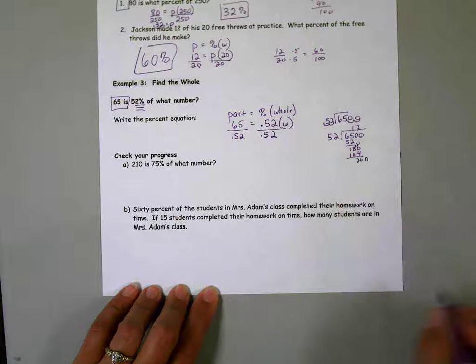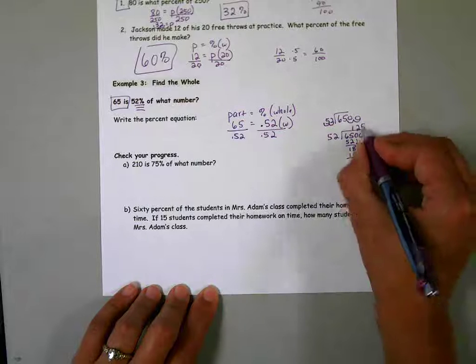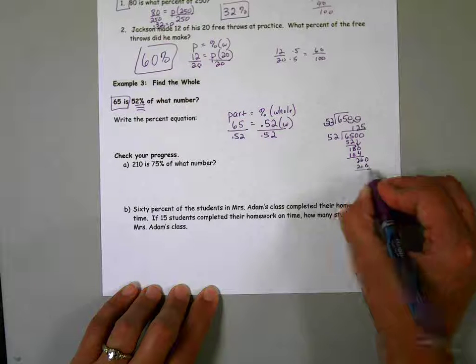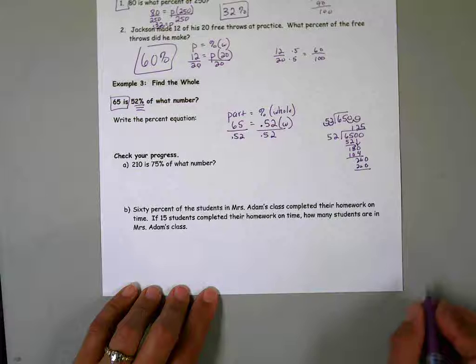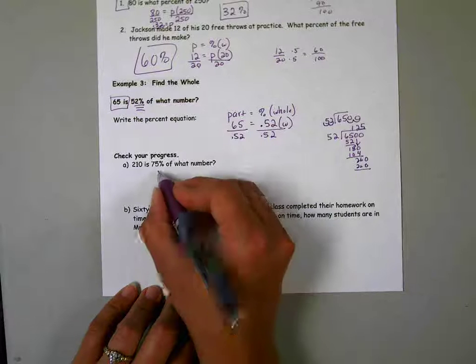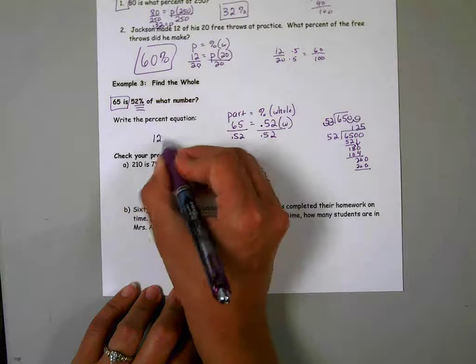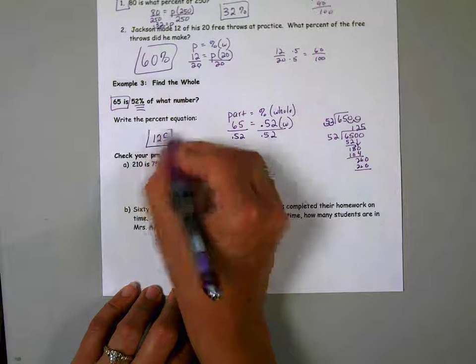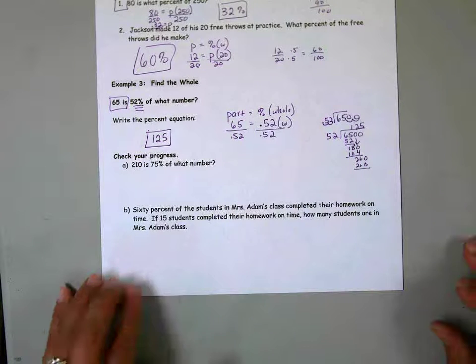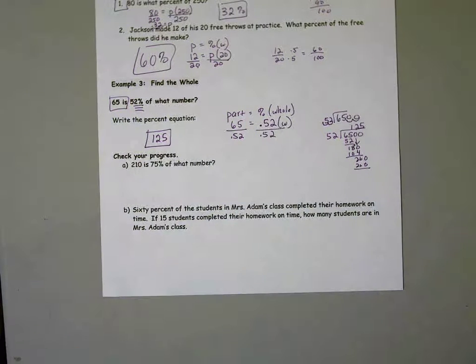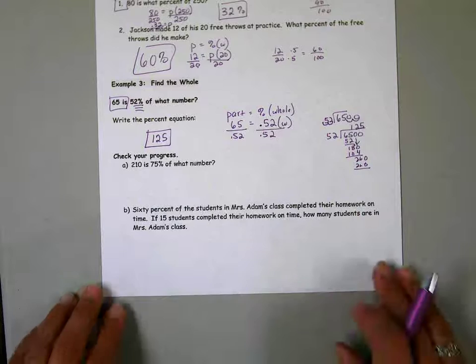And 52 goes into 260 5 times. And that is 125. So 65 is 52% of 125. And that makes sense because 65 is a little more than half of 125.